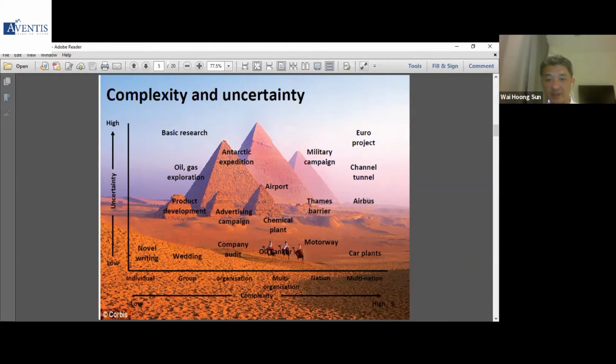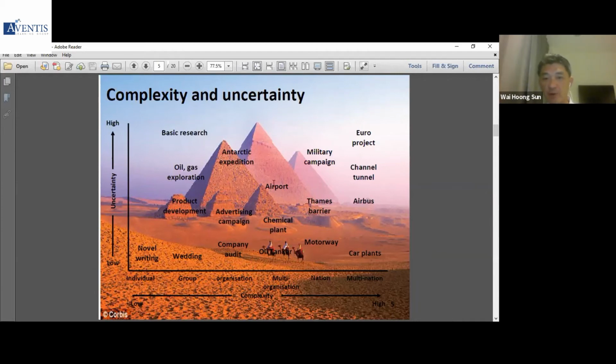This is an organization-wide project that involves everybody in the company. For example, a company audit would involve everybody in the company, or most of the people in the company. Then multi-organization, where you have more than one organization, so 2, 3, or 4 that need to cooperate to implement a project.